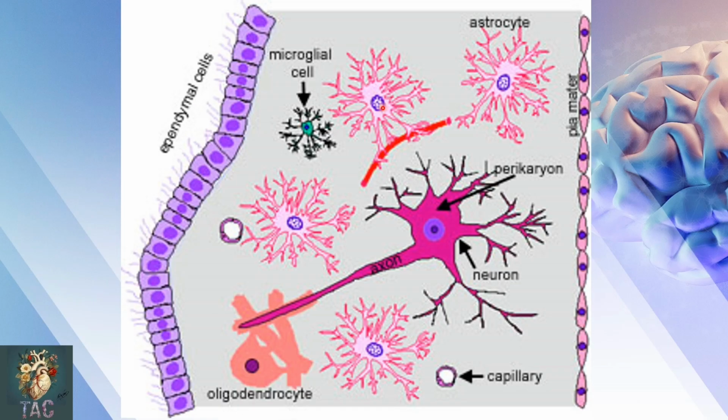So different types of cells: the ependymal cells lining the fluid filled spaces, the microglial cells, the astrocytes, the neuron, and this is the capillary, and this is the oligodendrocyte.